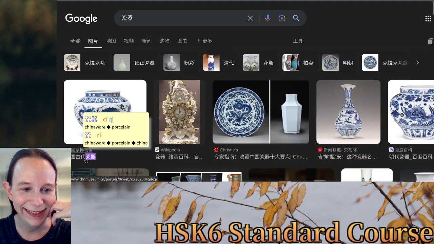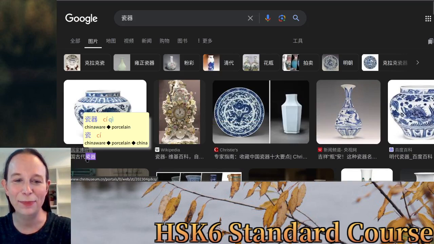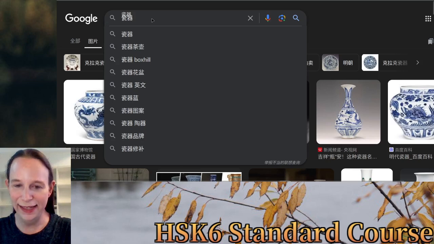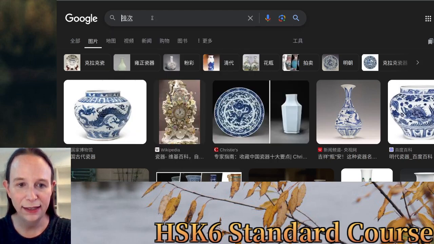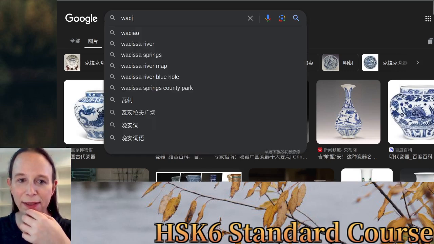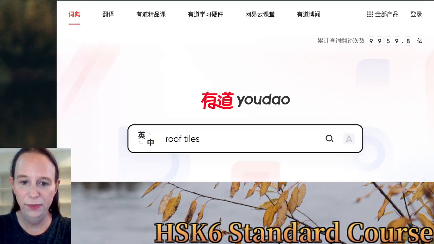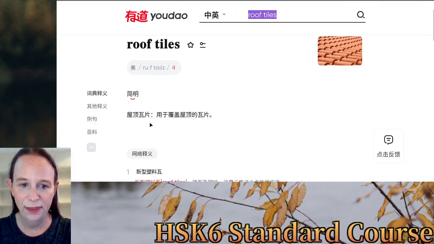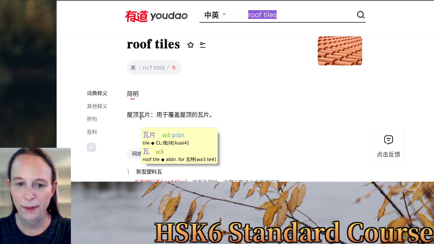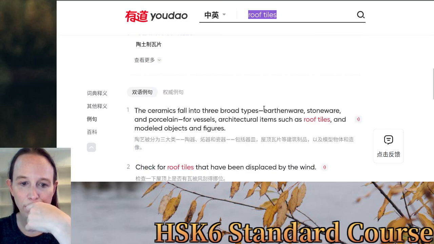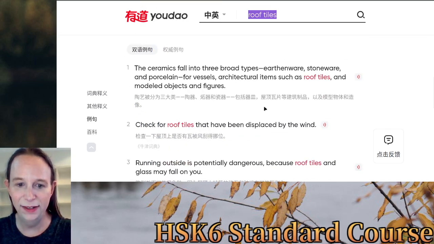Does it actually list it in the dictionary? Chinaware, porcelain. What's the other one? Roof tiles. I'm thinking roof tiles. It uses this character as well. 瓦片. Does it not?